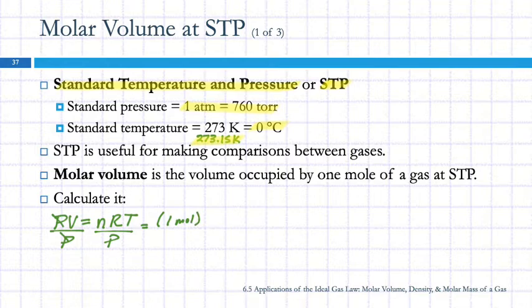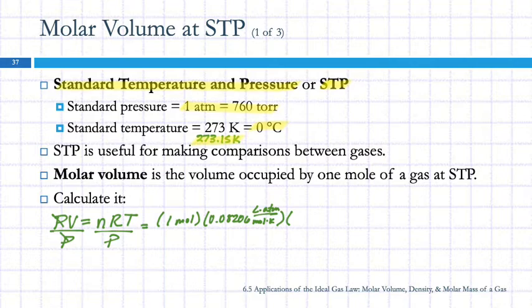And then R, 0.08206 liter atmospheres per mole Kelvin. And the temperature has to be in Kelvin. See, what would happen if we use Celsius here? The volume would be 0.